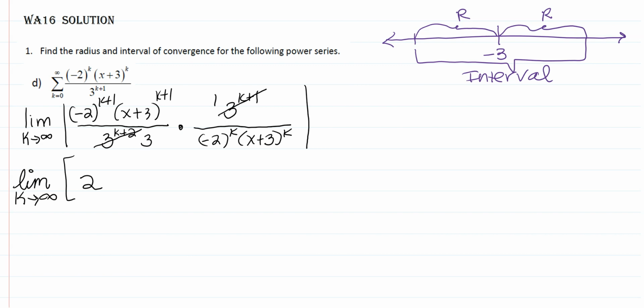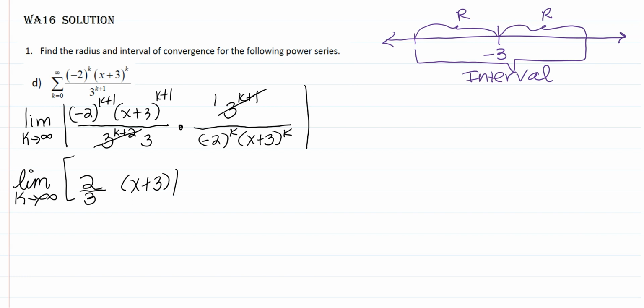When you divide, you'll have 1/3. Or you would say 3 goes on the denominator. And the absolute value of 3 is still 3. And then when looking at the x plus 3 to the k plus 1 divided by x plus 3 to the k, you will have an x plus 3 left.